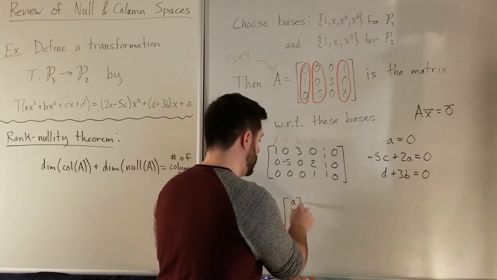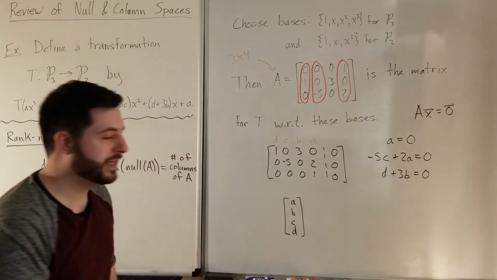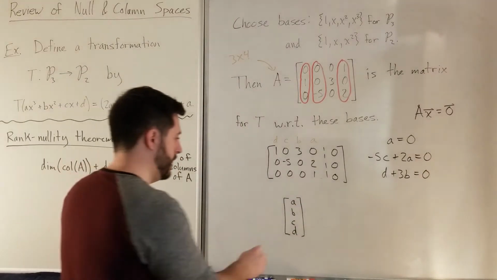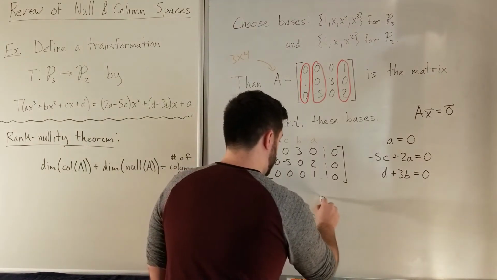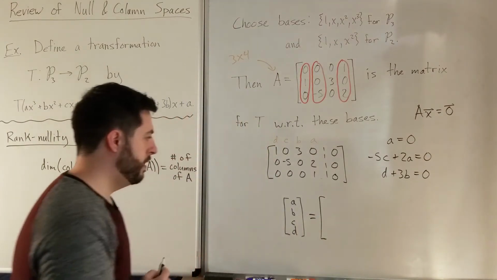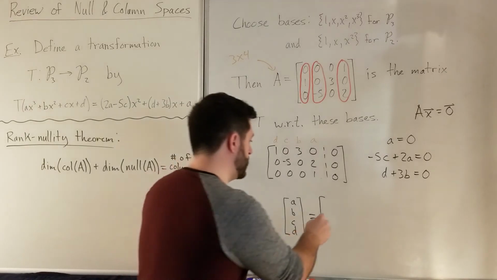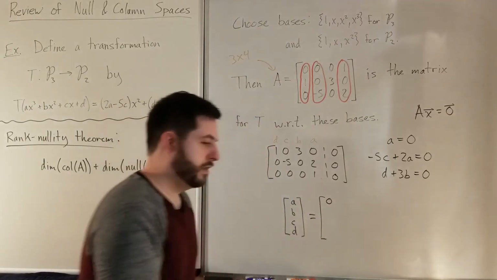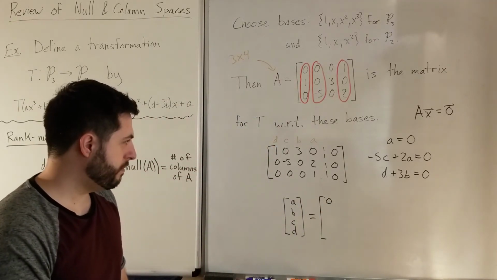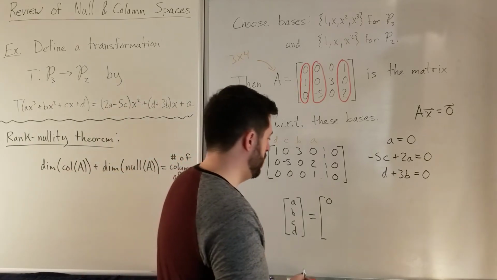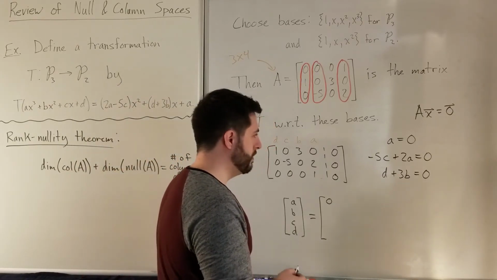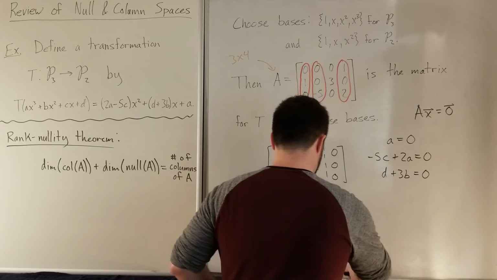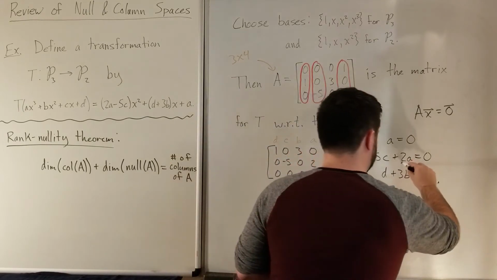I'm going to think about this as we have some vector a, b, c, d, and I know some stuff about a, b, c, and d. In particular, a must be 0. So that top entry must be 0. Okay, well, if a is 0, then this term right here is 0.